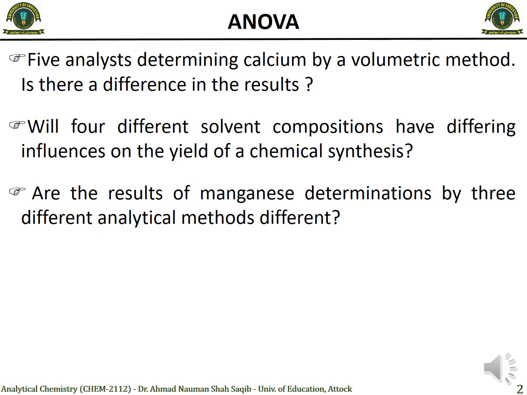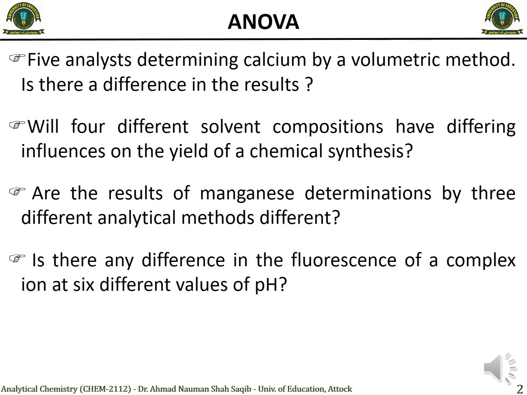And we have one more question. If we are measuring the fluorescence of a complex ion at 6 different pH values, will the fluorescence of that complex show different results at different pH or not?